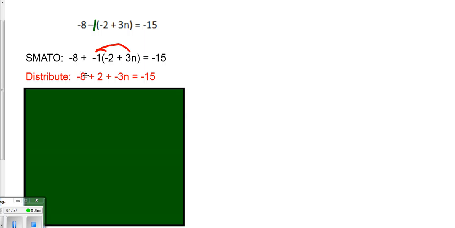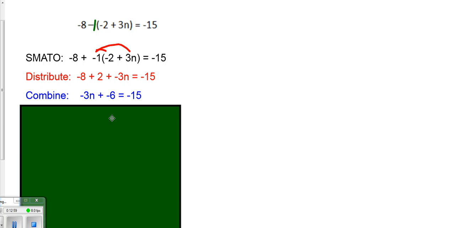Negative 8 didn't change. This negative 2 is now a positive 2. This positive 3 is now a negative 3. Because negative 1 times negative 2 is positive 2. Negative 1 times positive 3 is negative 3. So we have negative 8 plus 2 plus negative 3n equals negative 15.